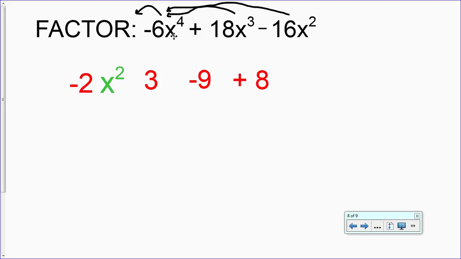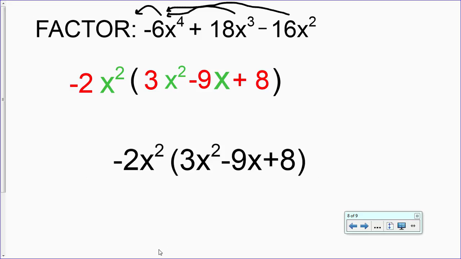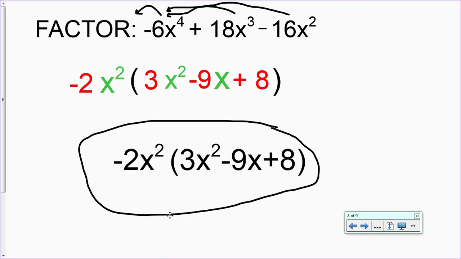So we take away 2 here, we're only going to have 2 x's, so x squared left. We take away 2 here, 3 minus 2 gives us 1. Take away 2 here, 2 minus 2 is 0, so nothing left. So we just factored out negative 2x squared, leaving us with 3x squared minus 9x plus 8. And that would be our final answer. So we factored out the greatest common factor. We basically just factored out a monomial from a trinomial.